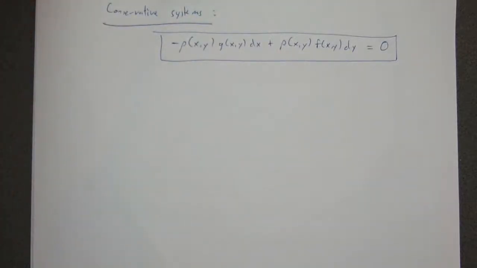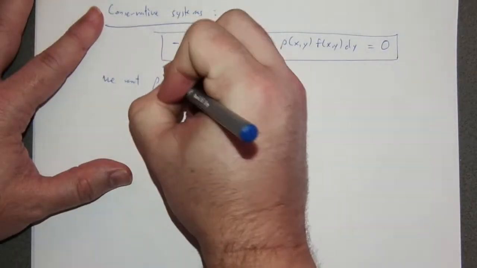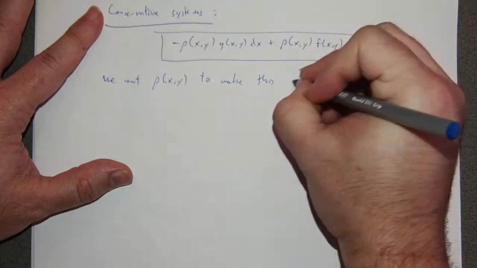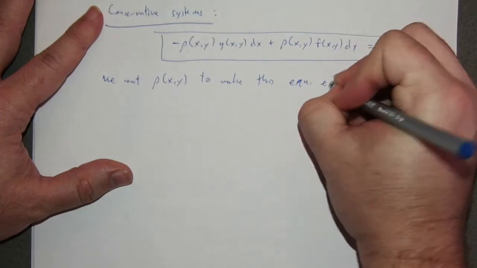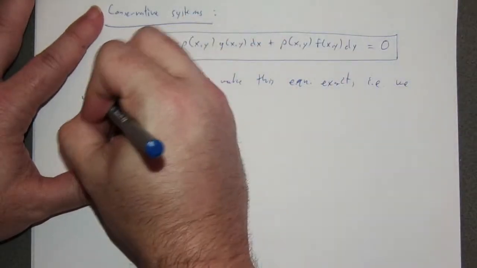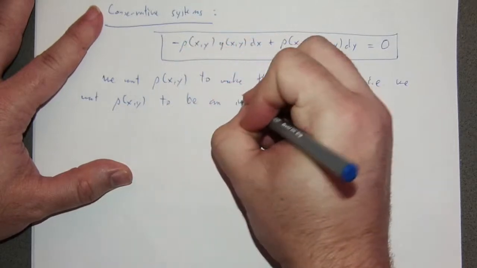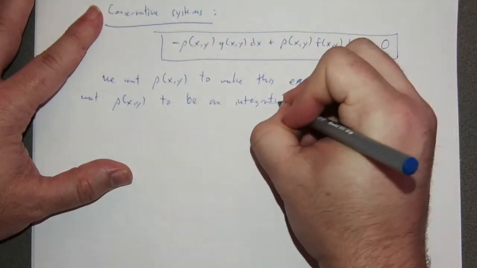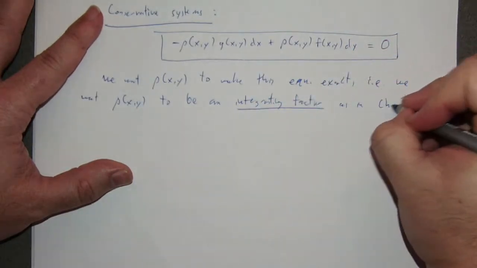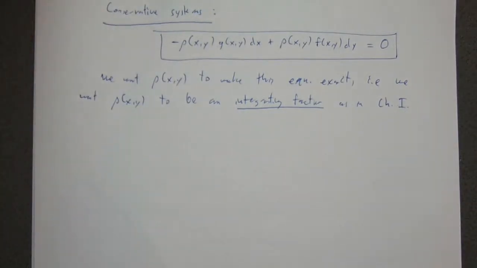This is my orbit equation that I've multiplied by rho. Rho is non-zero, right? So we want rho of xy to make this equation exact, i.e., we want rho of xy to be an integrating factor, as in chapter 1. Okay.